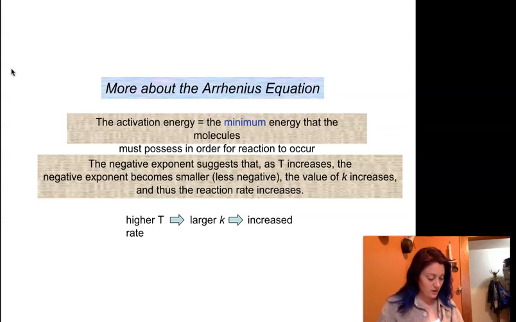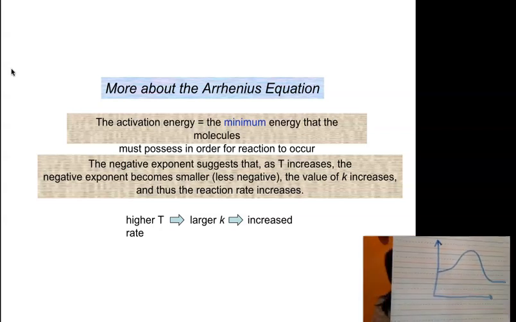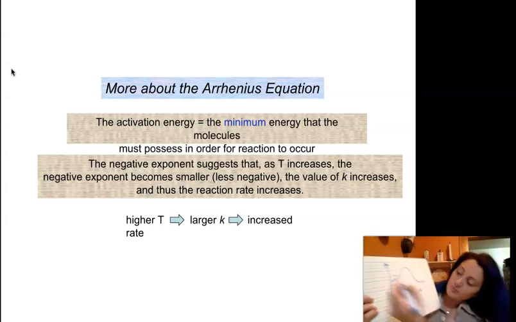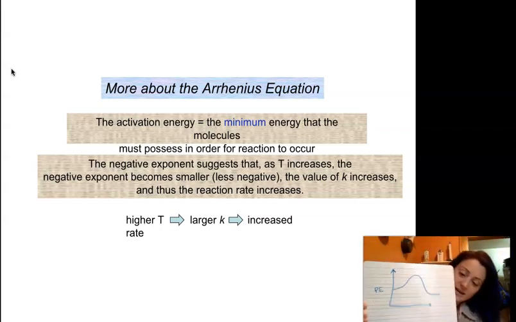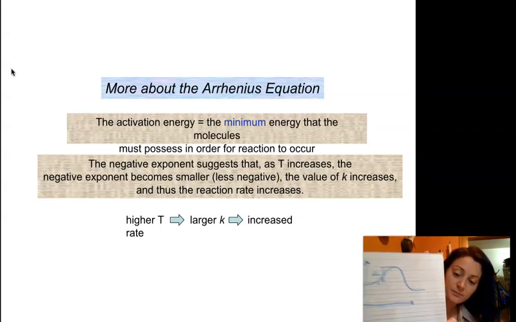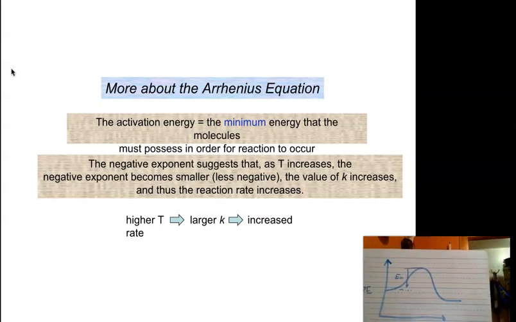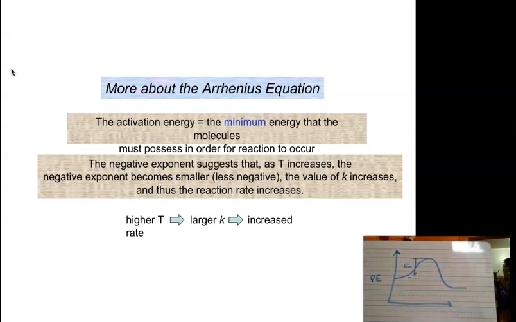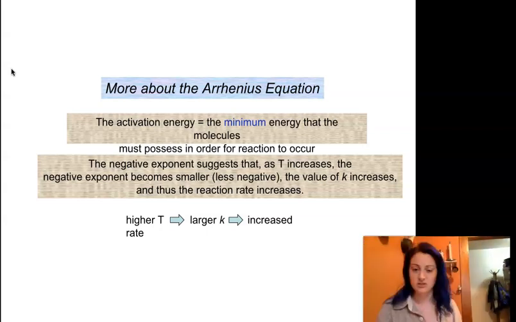If you recall a potential energy diagram like this, where you have potential energy on the y-axis and the reaction coordinate on the x, the activation energy is the amount of energy from the reactant energy to the peak. So this is EA here, right? And what we're saying about activation energy is you have to at least have that amount of energy to react. All right?